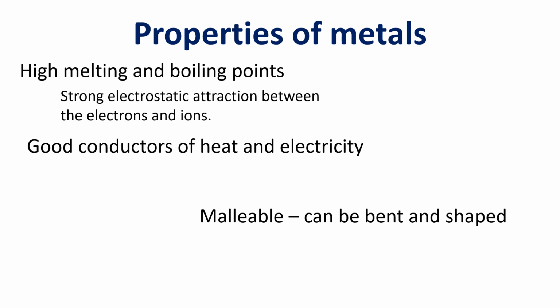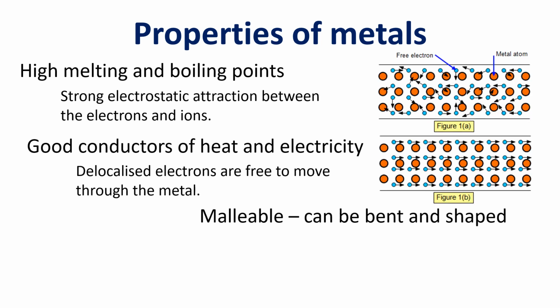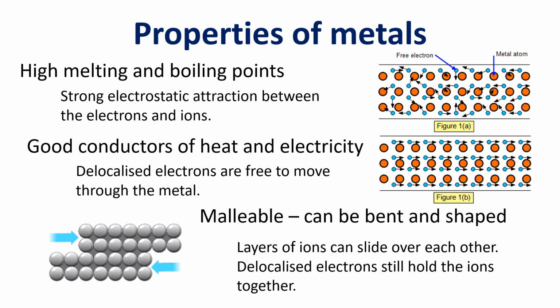The reason why they're good conductors of heat and electricity is that they have delocalized electrons that are free to move through the metal. Okay? And they are malleable. Layers of ions can slide over each other and delocalized electrons still hold the ions together. That's why they can be bent and shaped and hammered.